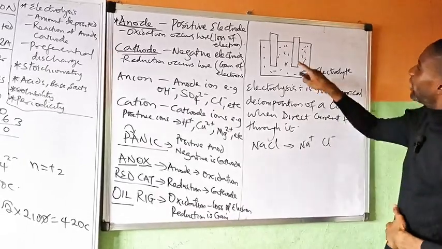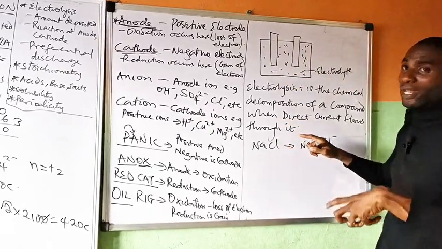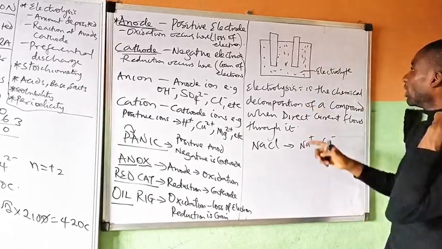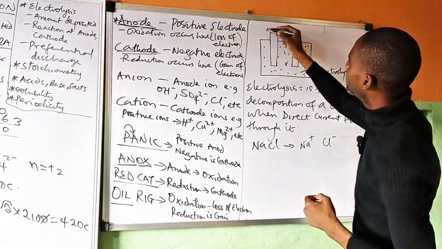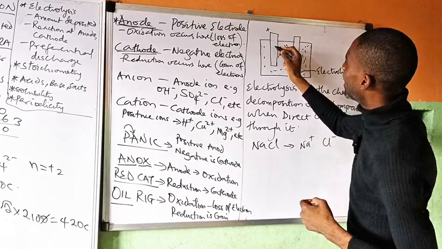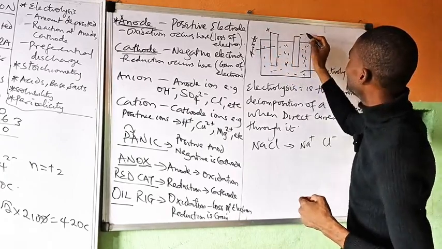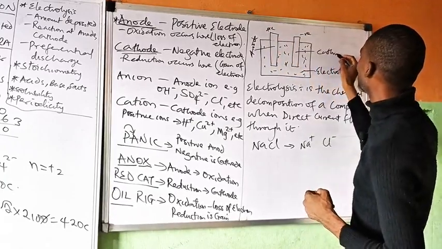So let's say this sodium chloride is the electrolyte. The electrolyte is the compound that will be decomposed. And then these are the electrodes. If this is positive, it is the anode. Then this is negative, the cathode.